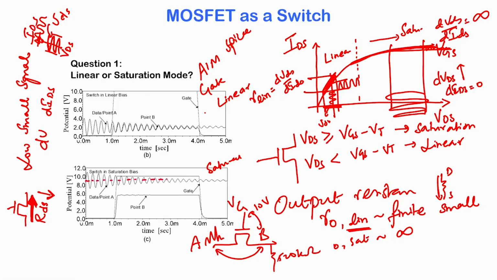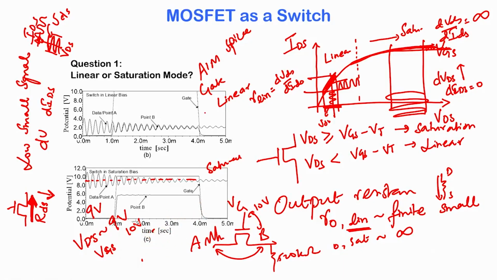That is about 9 volts. So, VDS is about 9 volts, VGS is about 10 volts, and VGS minus VT is about 8 volts. Therefore, VDS is greater than VGS minus VT, which means the MOSFET is in saturation.